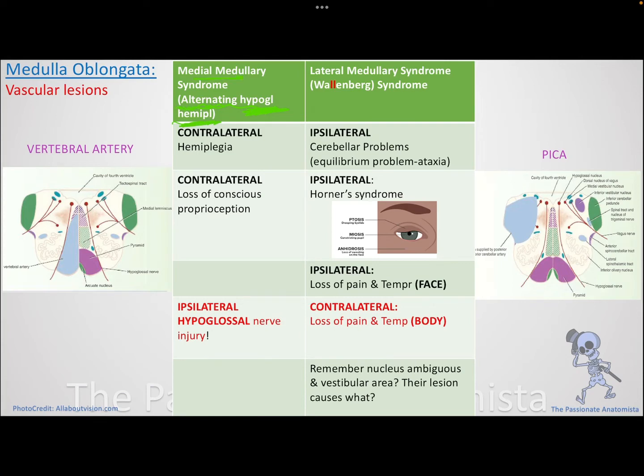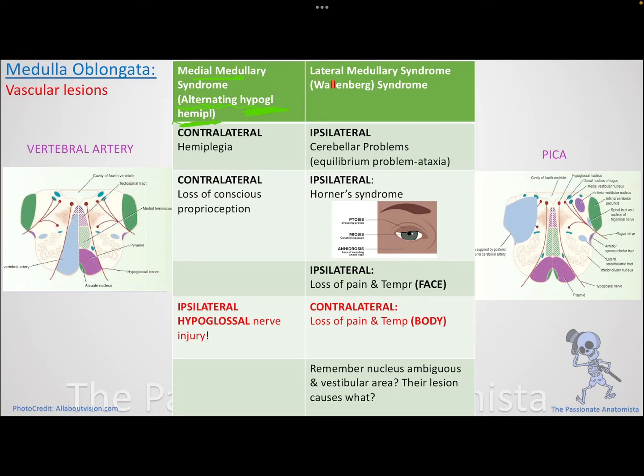I will have medial medullary syndrome. I will have a syndrome in the medial part of the pons. We're going to talk about that. We will have also a problem in the midbrain, in the middle of the midbrain, and something will apply to all of them, which is the magic word, the alternating something hemiplegia. What does that mean?